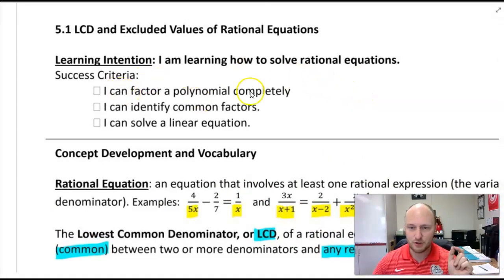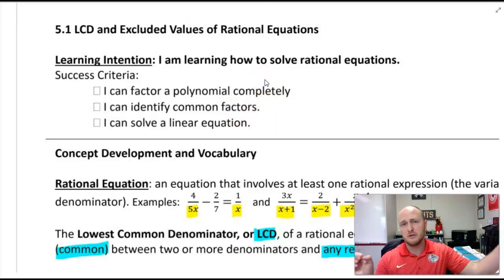Do you know how to factor polynomials completely, identify common factors, and solve the linear equation? Because that's all stuff we did. And we also need to understand what values are restricted with rational expressions. These are called excluded values. So two big ideas discussed in this lesson: lowest common denominator, excluded values.